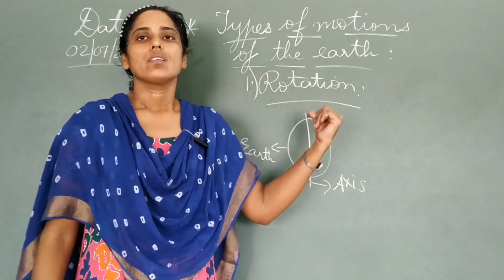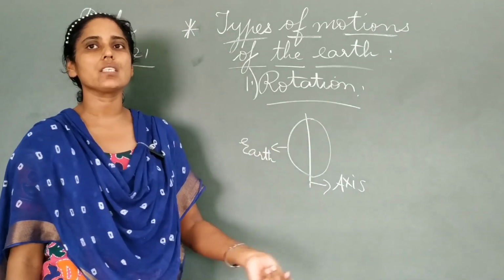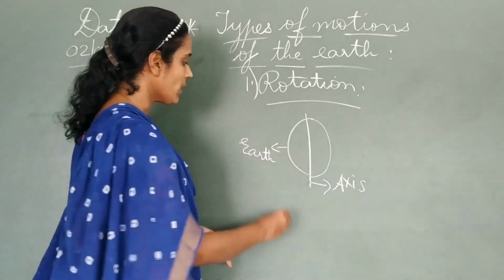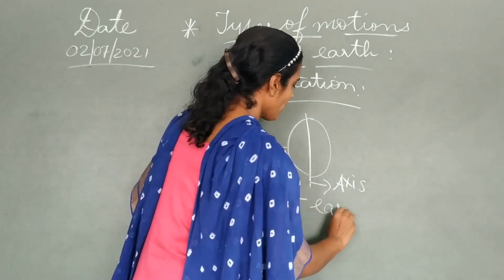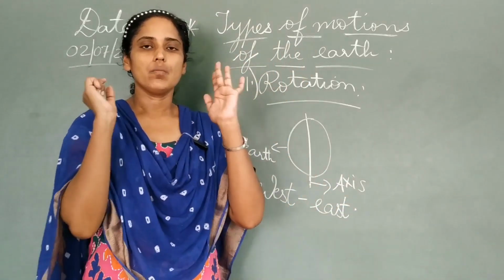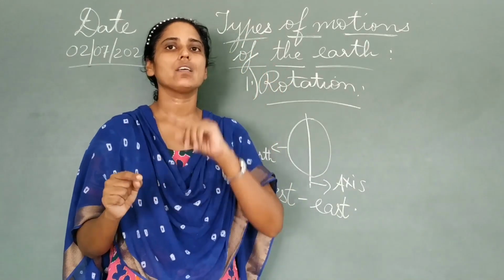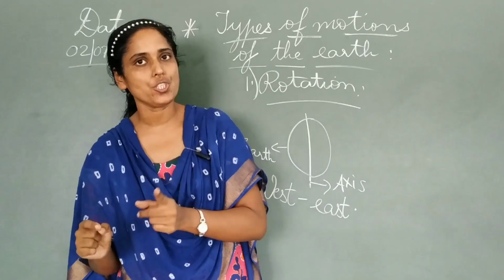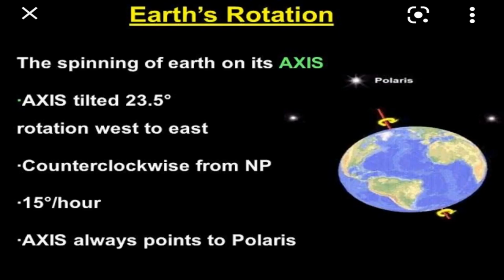So the Earth rotates on its own axis from west to east direction. Which direction, students? From west to east direction. And this circular motion is known as daily motion or rotation. Again, I repeat, students, what is rotation? Rotation is also known as daily motion.